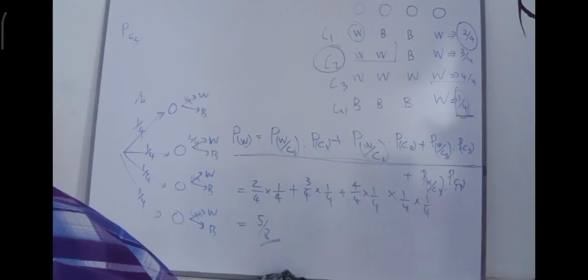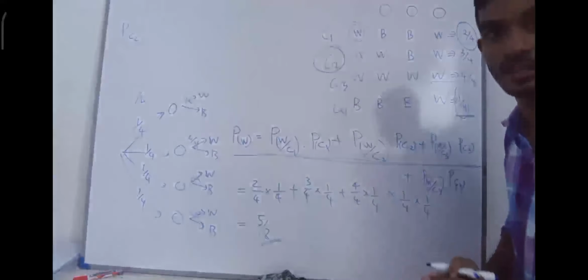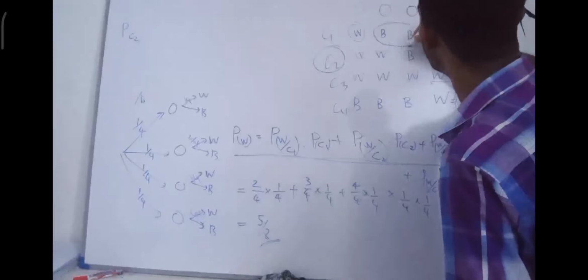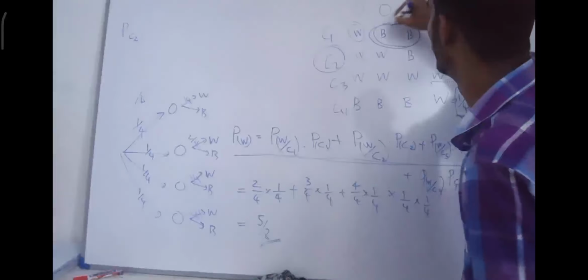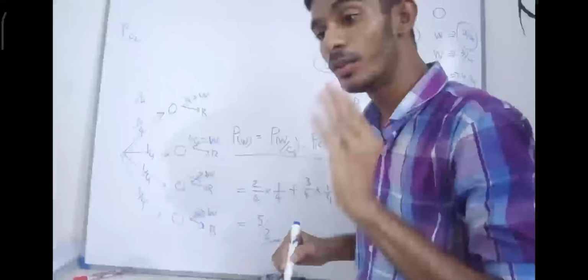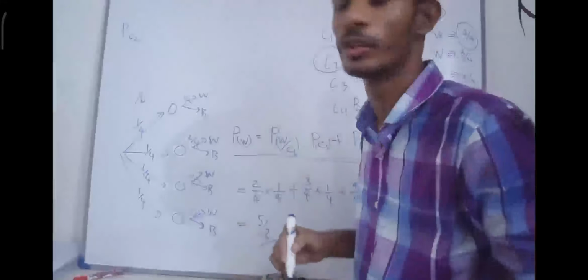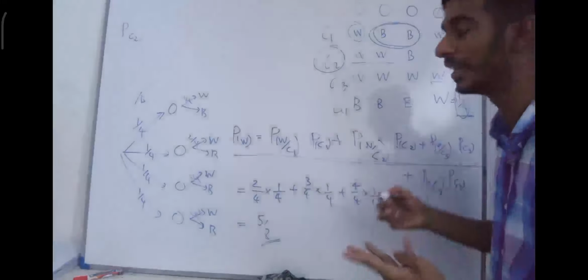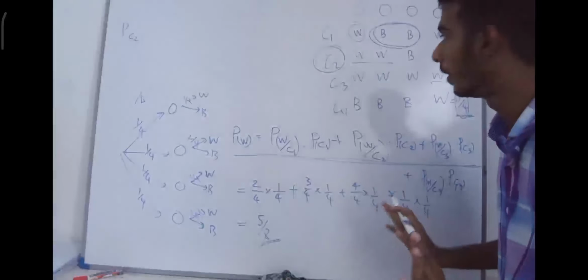Initially there were exactly 2 black balls. I'm sorry, 2 black balls means you have to read the question very carefully. 2 black balls means initially, only in this first composition we have 2 black balls. If you have misunderstood the question, or if you have taken this composition as I did, you will end up with a wrong answer.